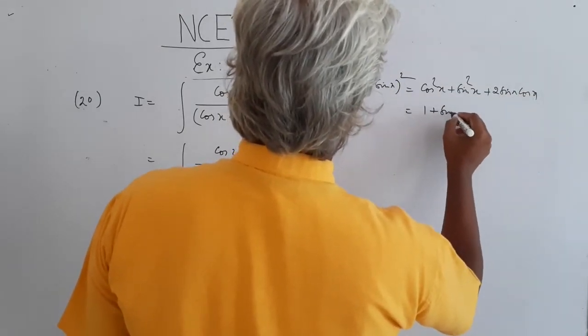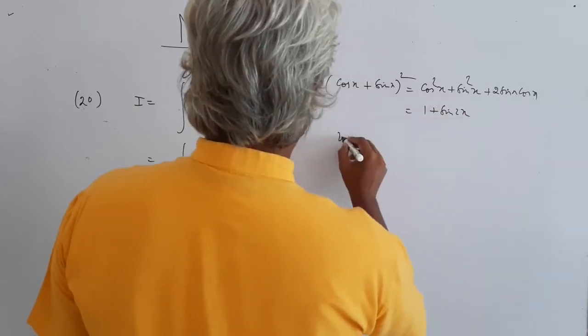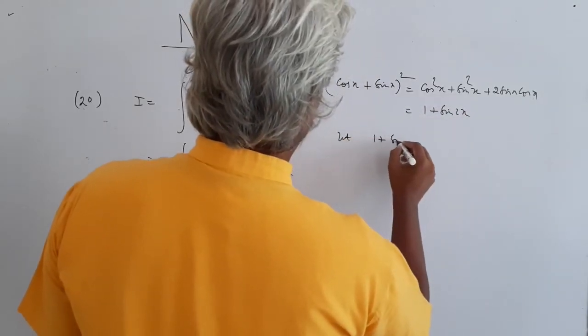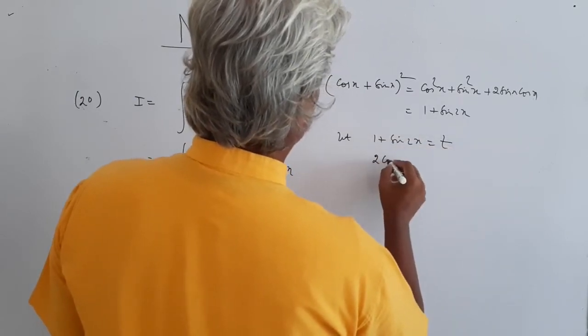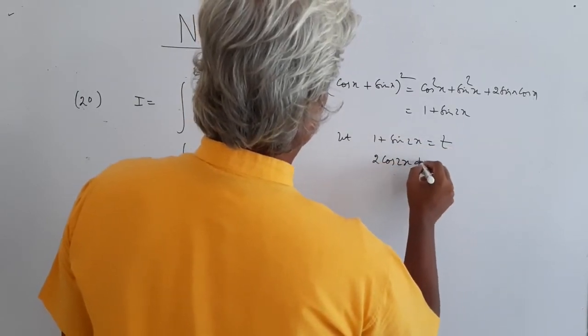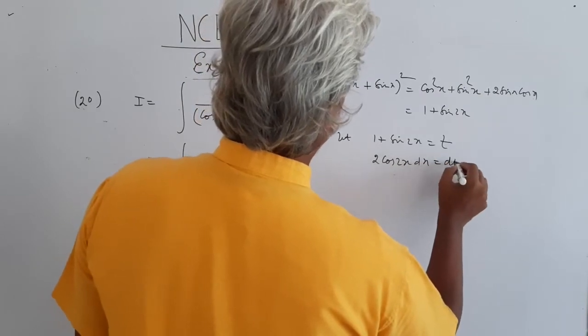That is 1 plus sin 2x. Now let 1 plus sin 2x be t, so you get 2 cos 2x dx as dt.